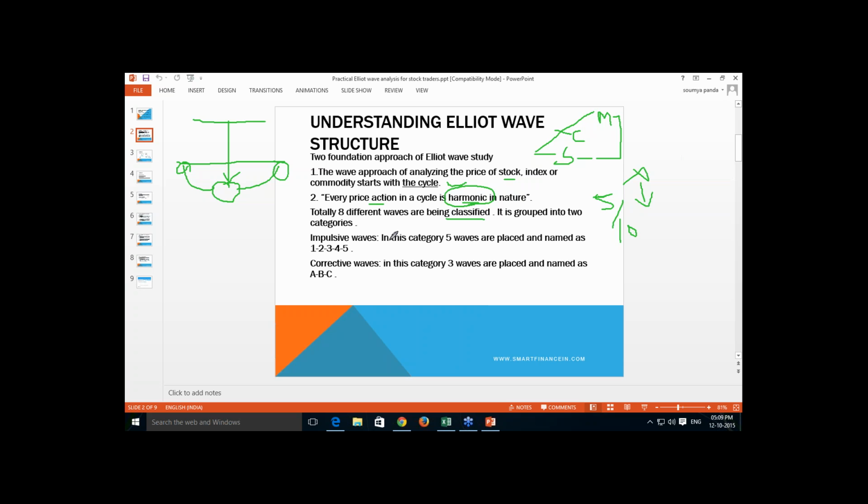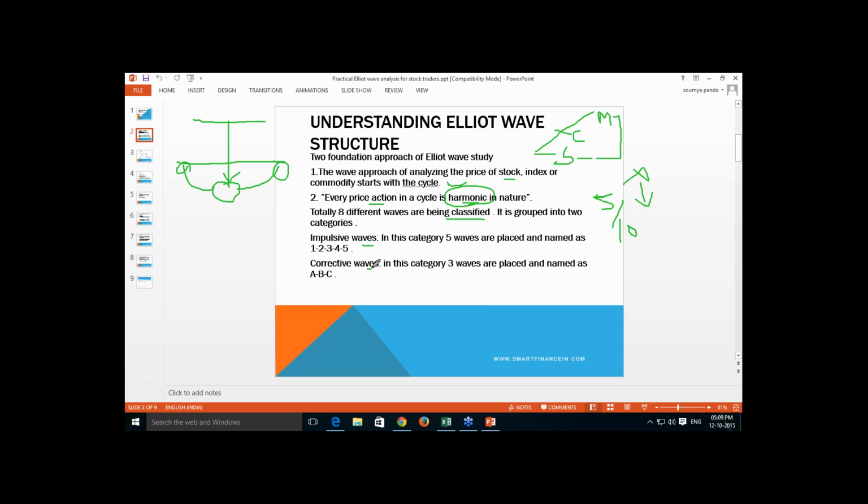One is impulsive and another is corrective. Impulsive means more energy, more demand or more supply. Corrective means less energy, less demand and less supply.